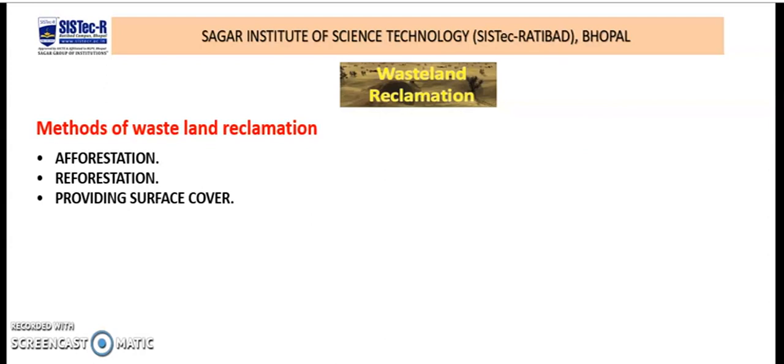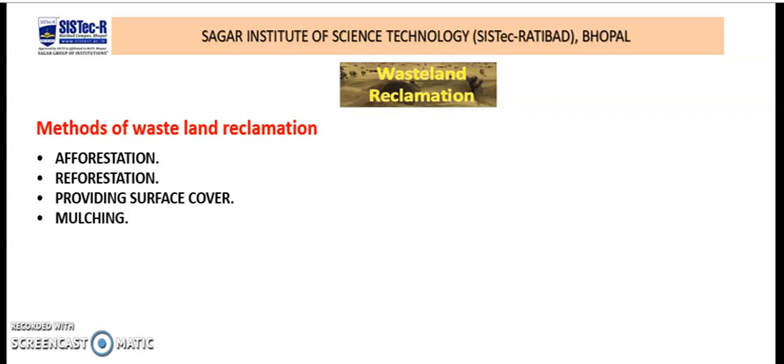Third is providing surface cover. The easiest way to protect the land surface from soil erosion. Next is mulching. Mulch is the layer of material applied to the surface of an area of soil.